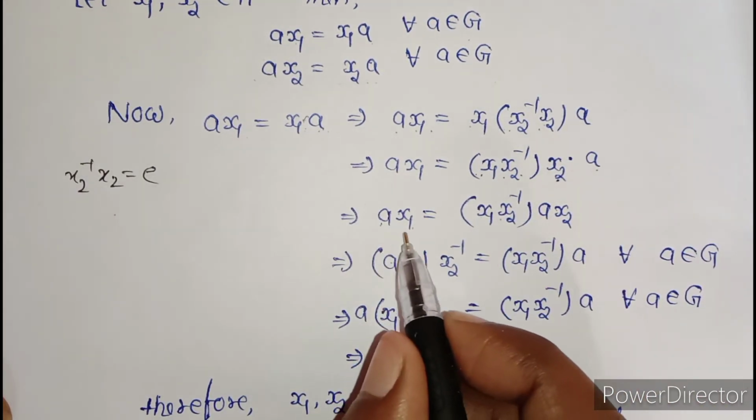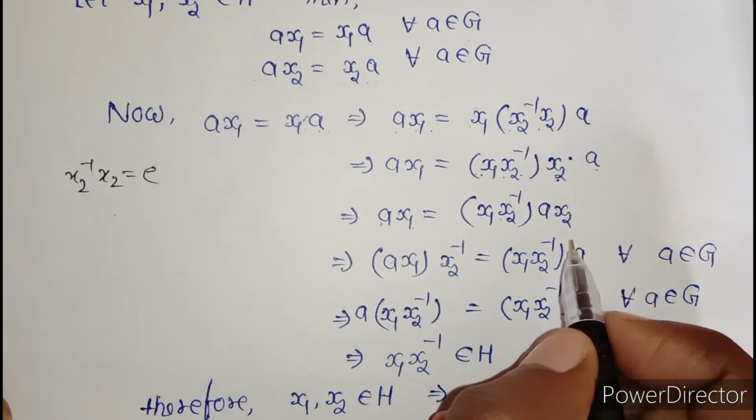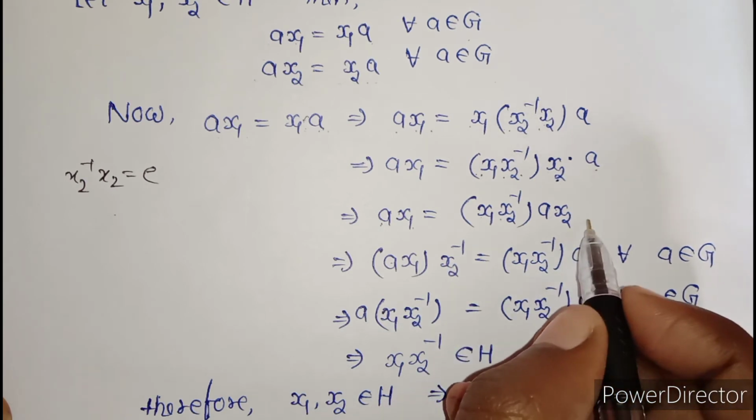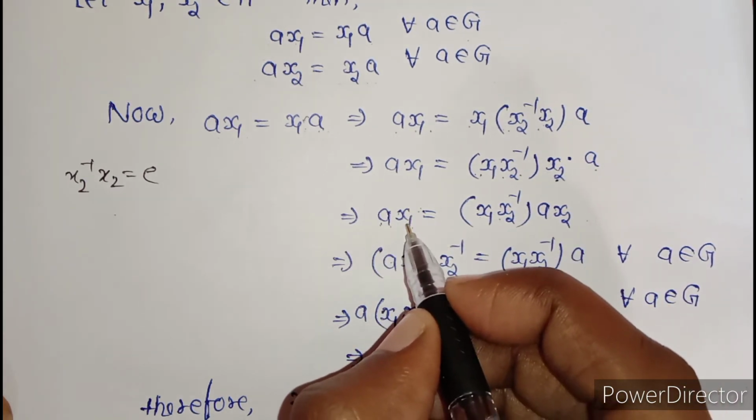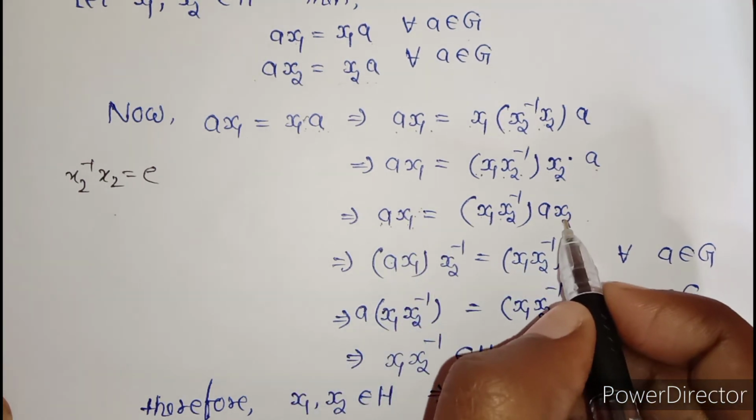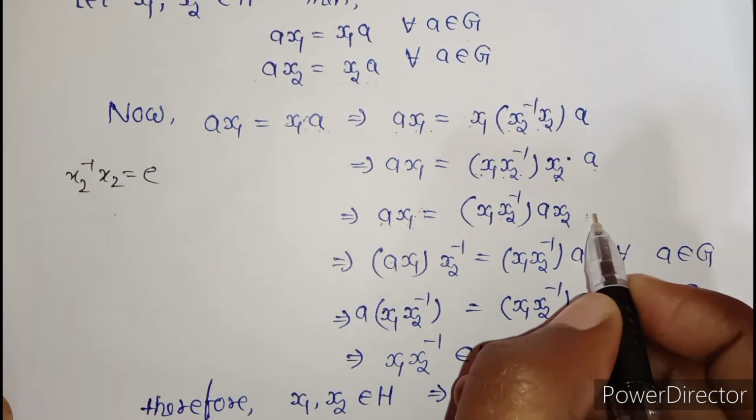Now I will multiply by x2 inverse on both sides. As I take x2 inverse on this side, this becomes a·x1·x2 inverse, and this becomes x2·x2 inverse, which becomes identity.